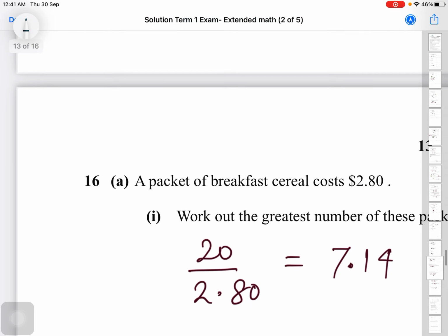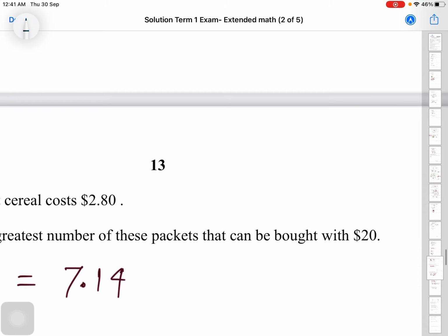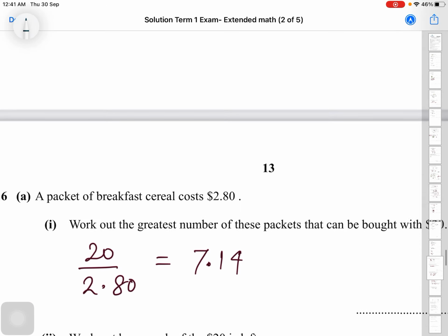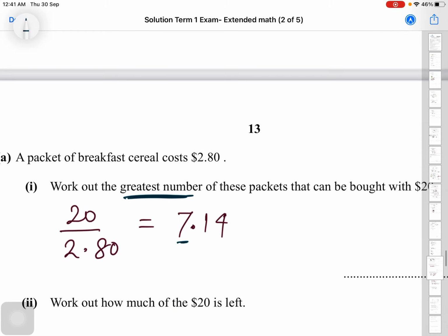Going further, a packet of breakfast cereal costs $2.8. Work out the greatest number of these packets that can be bought with $20. So $20 divided by the packets of 2.8, you will have 7.14. But they're asking the greatest whole number, that is 7. So your answer will be 7 packets. Work out how much of $20 is left.